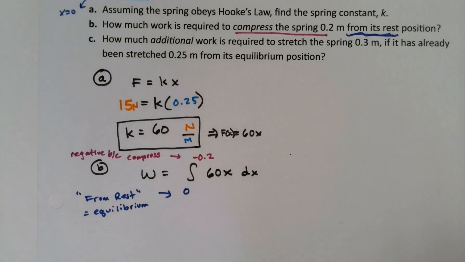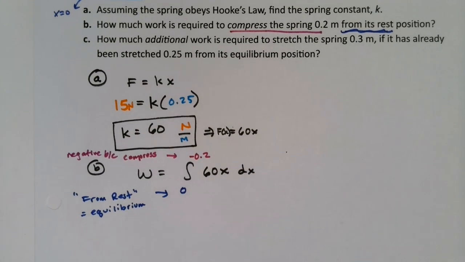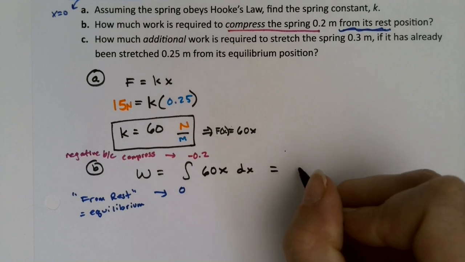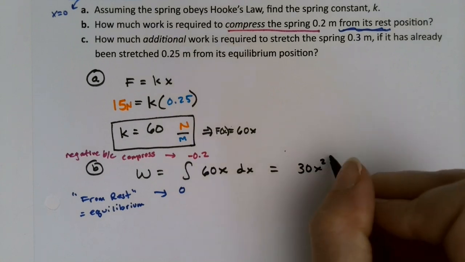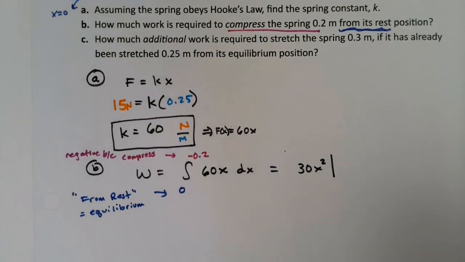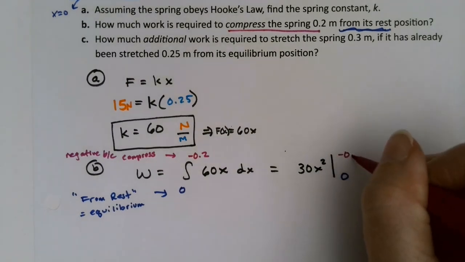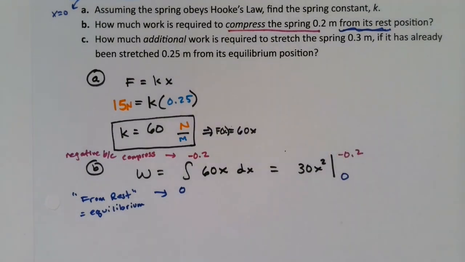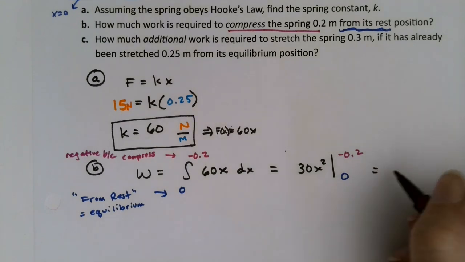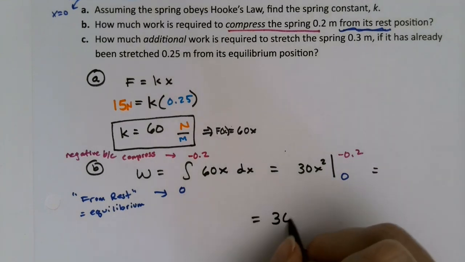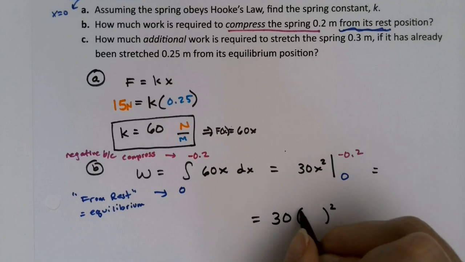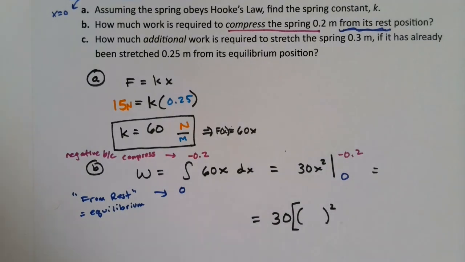All right, so then, well, we can integrate this. This isn't exactly difficult to do. So this is 30x squared, and we're going to take that from 0 to negative 0.2. Which would be 30 times negative 0.2 squared minus 0 squared.